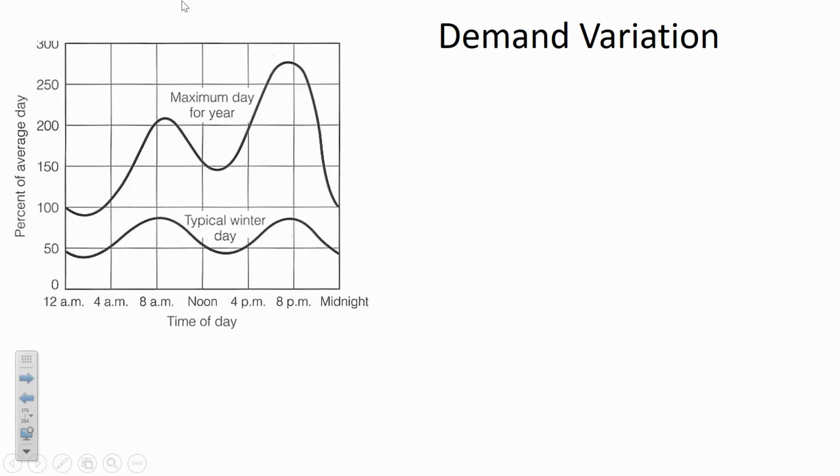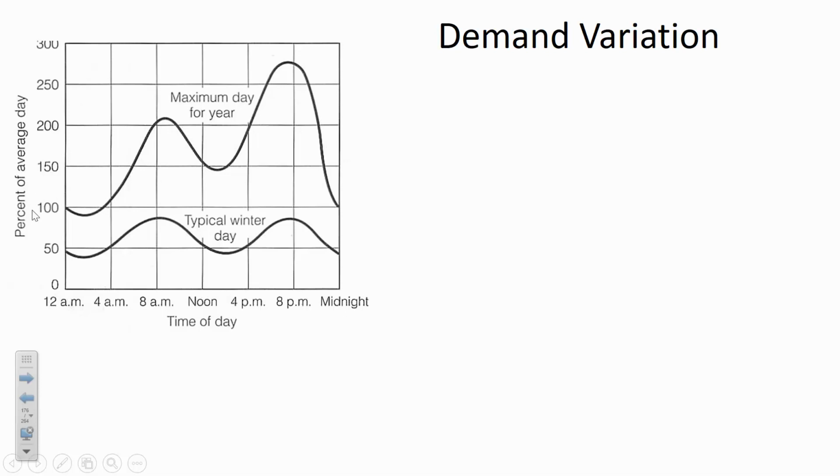This is a figure that's included in some resources I'm going to give you that illustrates the daily variation in demand. And what you can see is that during the nighttime hours, even on the maximum day of the year, which maybe is during the summertime, there's this nighttime lull where the demands are a little bit lower than the average day would be.